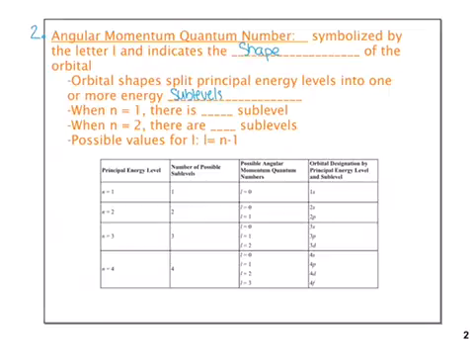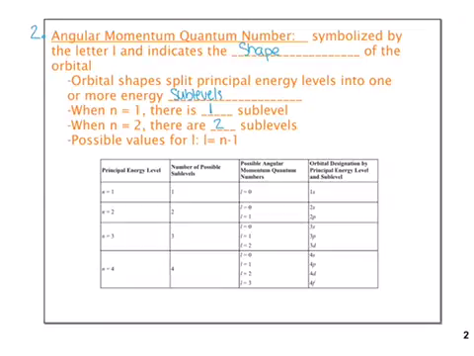When n equals 1, there is 1 possible sublevel. When n equals 2, there are 2 possible sublevels. So when n equals 3, 4, 5, there would be 3, 4, or 5 possible sublevels.